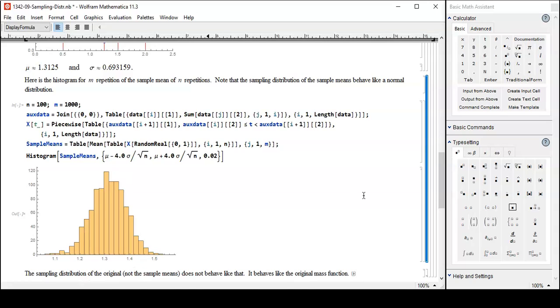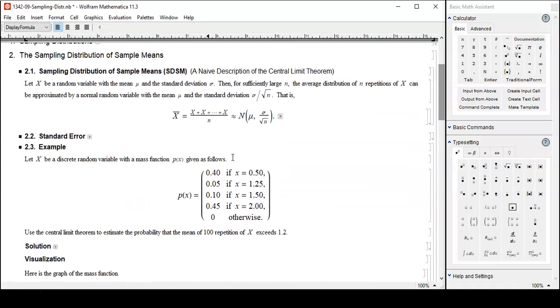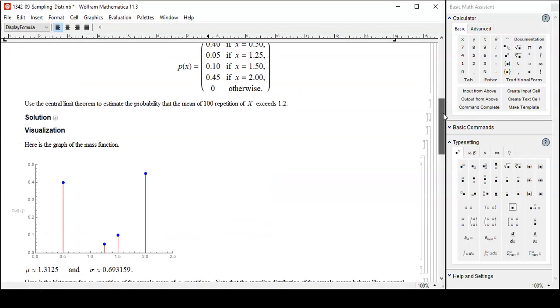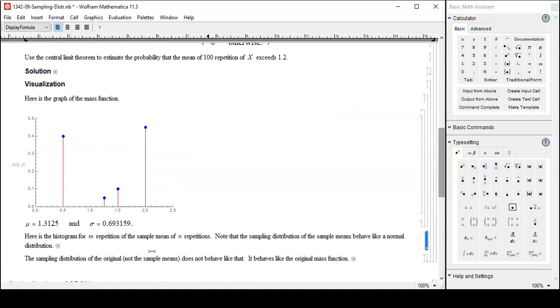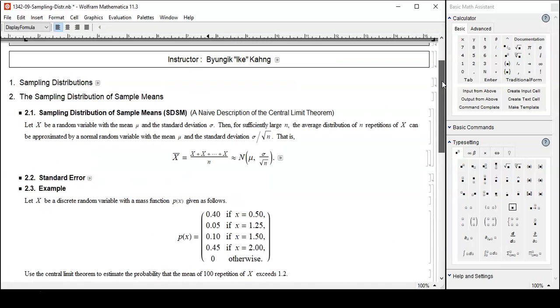We get something like this, and that looks very much like normal. And not just any normal, but the normal given by this mean and standard error, which is sigma over square root of n. So you get the central limit theorem in action, even for something extremely out of the ordinary. It doesn't look like normal at all, but still it works out. That's what I wanted to show you.